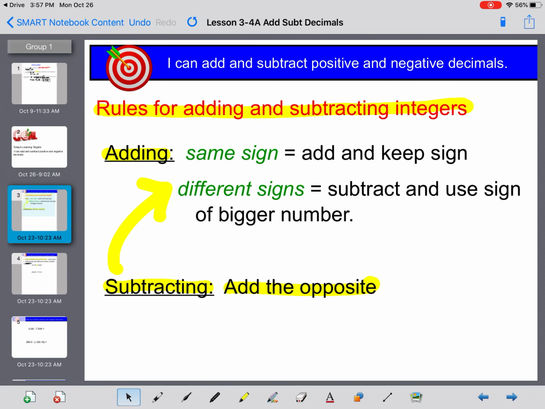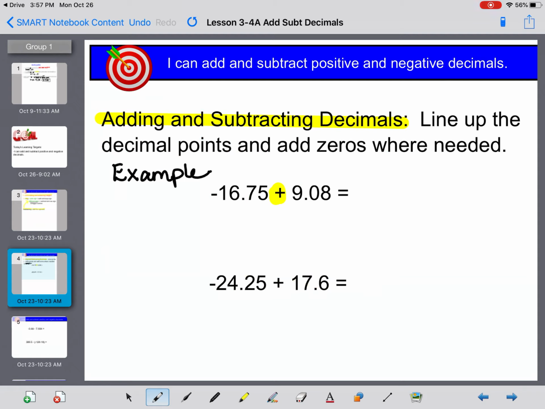When I go back to these rules, that means I am falling under this one, different signs. Subtract and use the sign of the bigger number. So I'm going to put the bigger number on top when I stack them, even though it's negative. So really it's the bigger absolute value. And then I'm going to subtract 9 and 8/100.